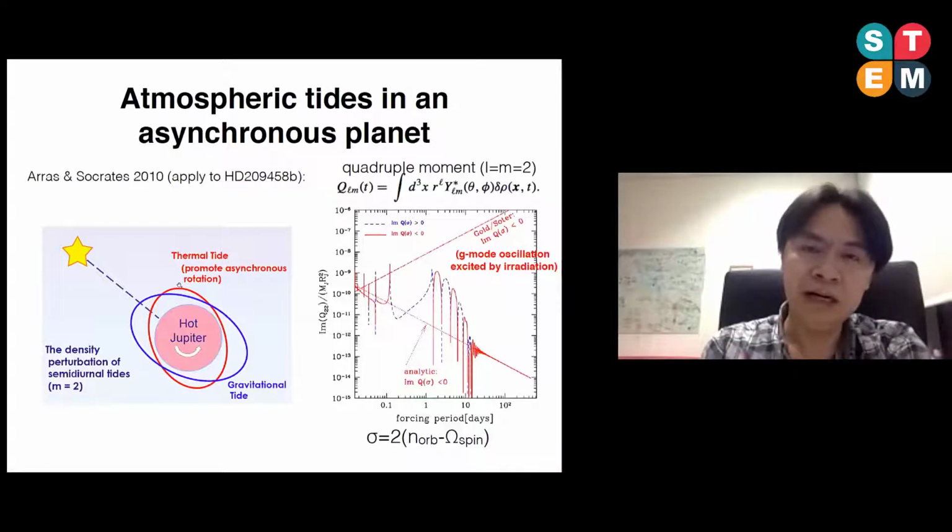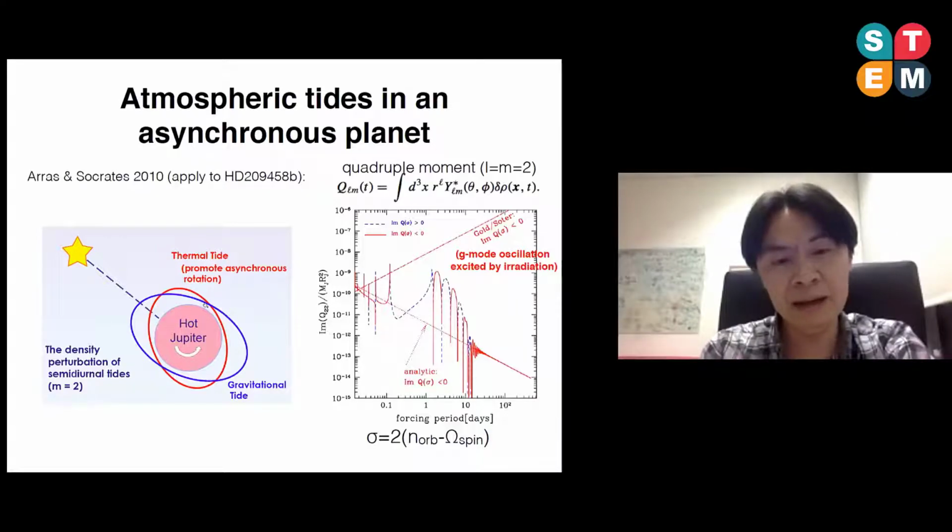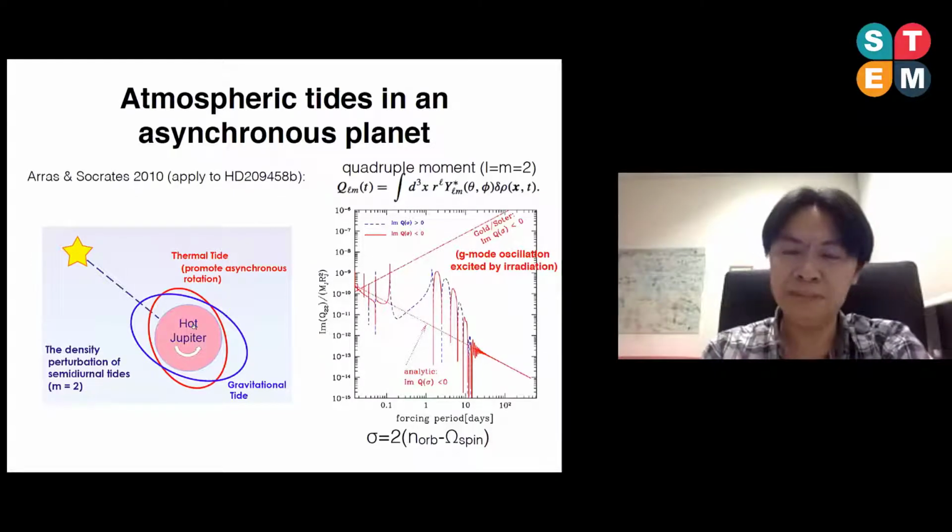In other words, the hot Jupiter ends up in a state of synchronous rotation, and therefore there's a continuous supply of tidal heating to make the planet bigger.